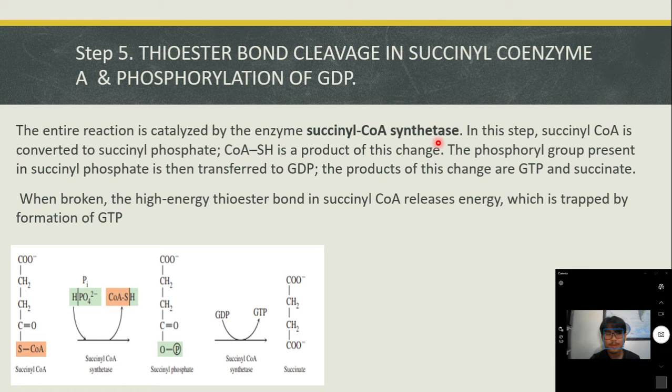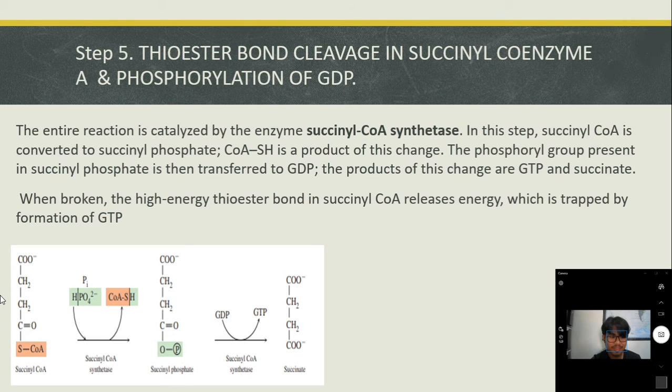Remember, in step 1, the enzyme is called synthase. But in step 5, it's the synthetase. The difference between the two is that the synthetase uses energy from the breaking of a high energy phosphate bond, whereas the former does not require energy.